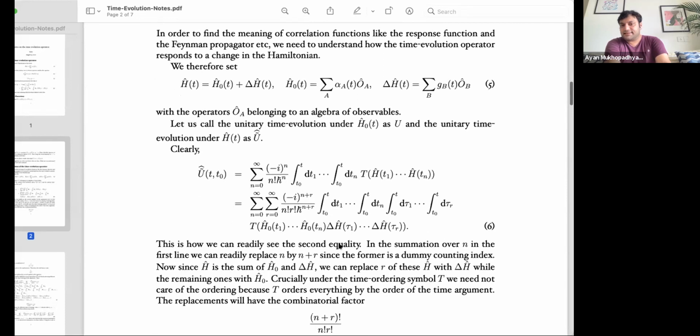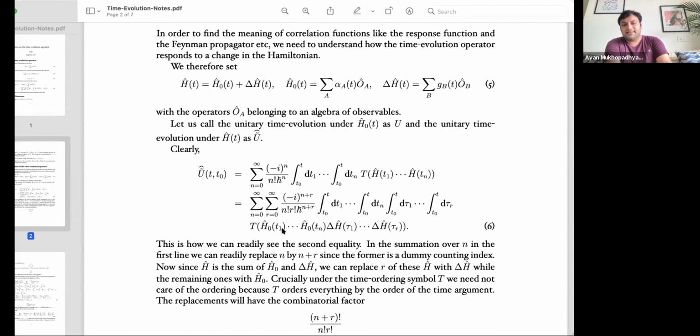The first step is very similar to what I just explained earlier. There were two Hamiltonians, and here H is equal to H naught plus delta H. What I'm doing is rather simple.